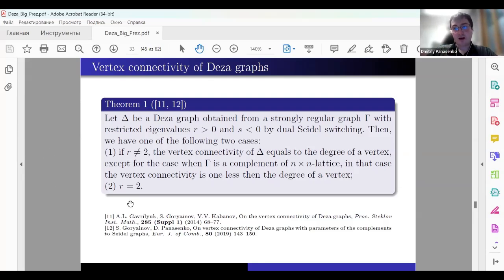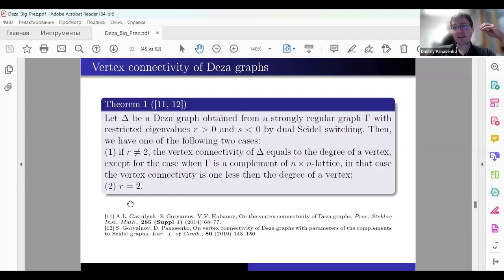The case for R equals 2 is not solved, so we don't know. But the case for R not equal to 2 was solved. The vertex connectivity of the graph equals the degree of the vertex, except for the case when gamma is a complement of the n times n lattice.